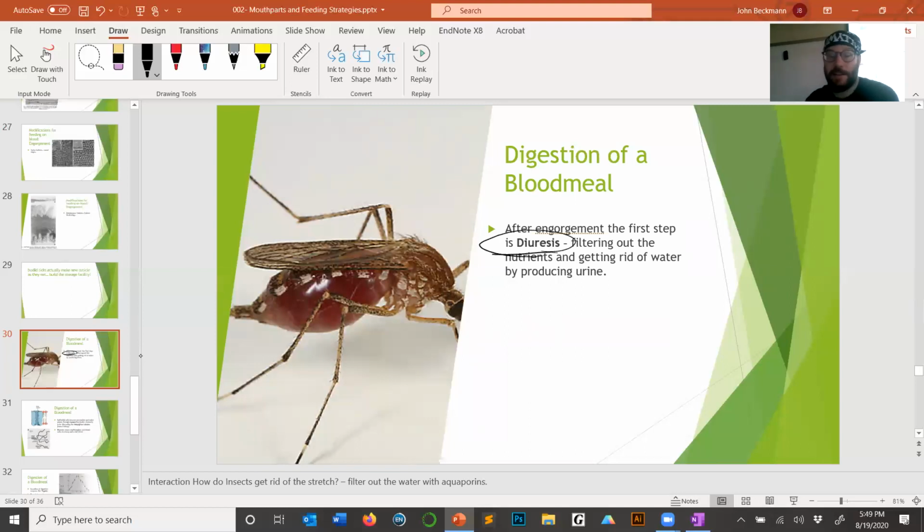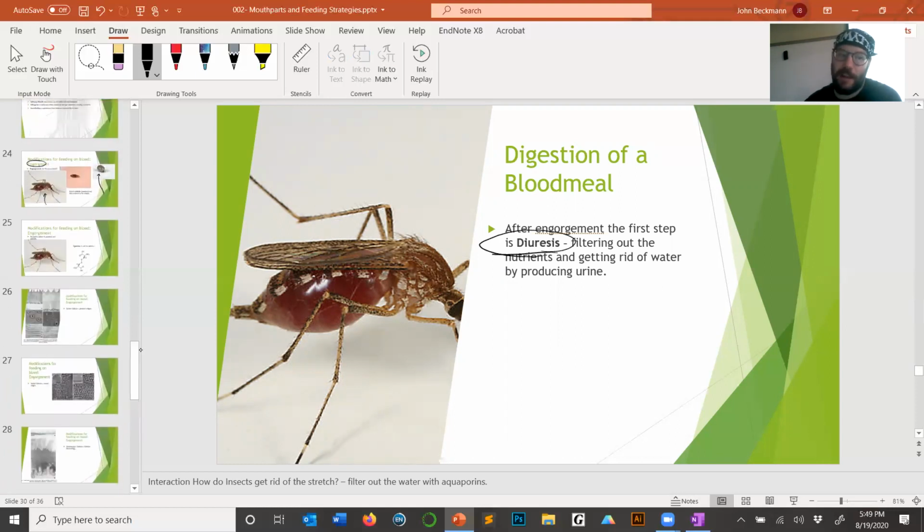Just like our kidneys filter out the water, condense the nutrients and excrete the waste, any insect will take a giant blood meal, expand, then filter out the water, poop out the water, and condense the contents. The reason they're feeding on you is to collect protein for eggs, so then they'll synthesize eggs.